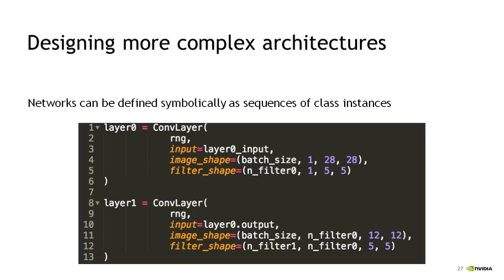In the case of layer 0, which would be the first layer, we pass in this layer 0 input, but then when we get to the second layer, layer 1, which is also a convolutional layer, the input there is actually the output of the first convolutional layer. And that's really how you define any more complex deep learning architecture in Theano.